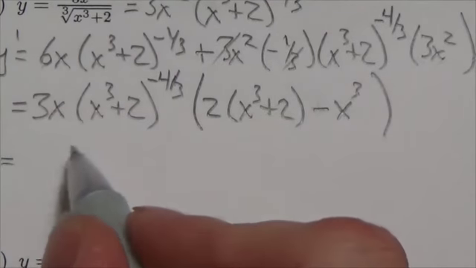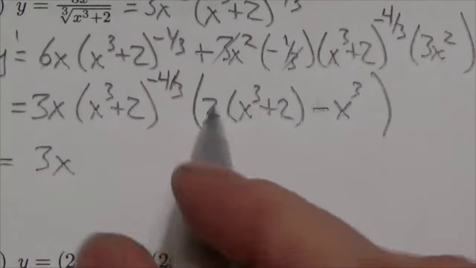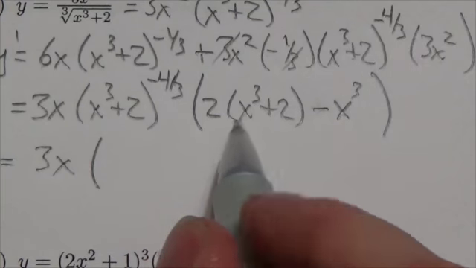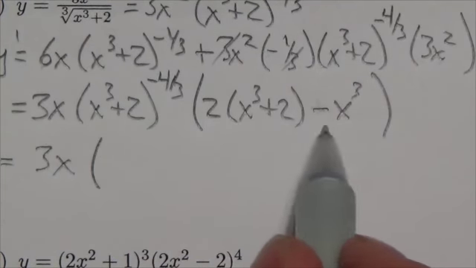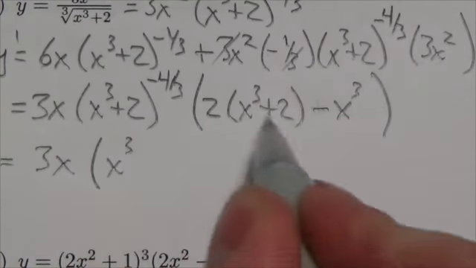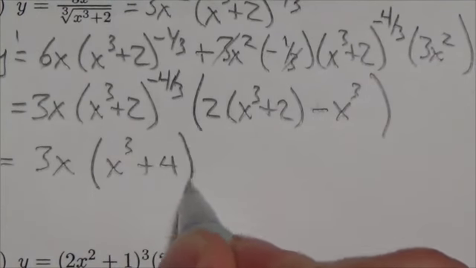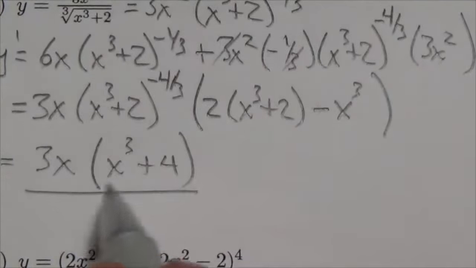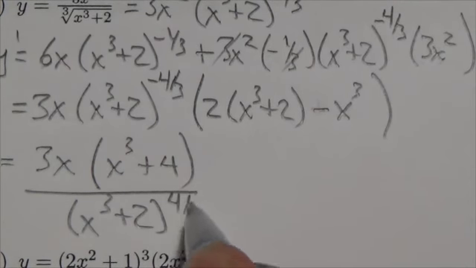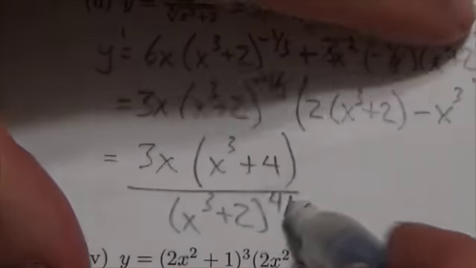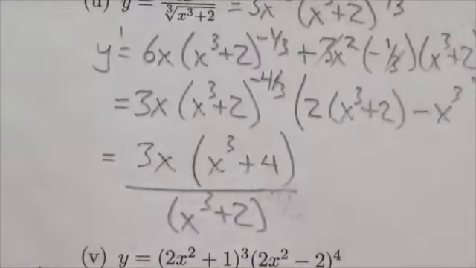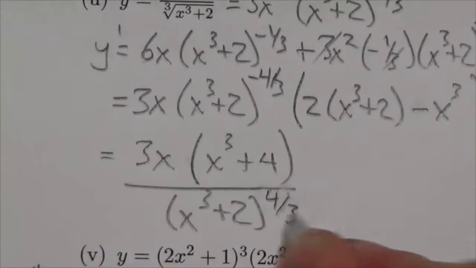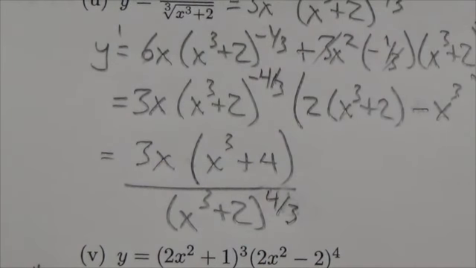So then this is going to become 3x multiplied by, well, this is going to become 2x cubed minus x cubed, so x cubed plus 4, when you distribute that through, all over (x cubed plus 2) to the 4/3. And actually, that doesn't quite look like 4/3. Let me just change that a little bit. That looks a little better. Yeah, there you go. There's the derivative.